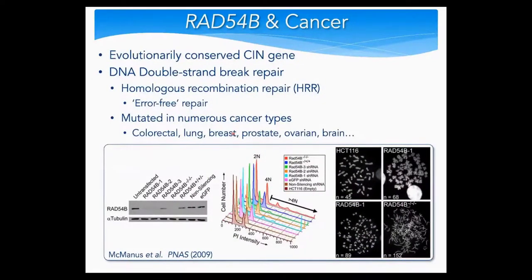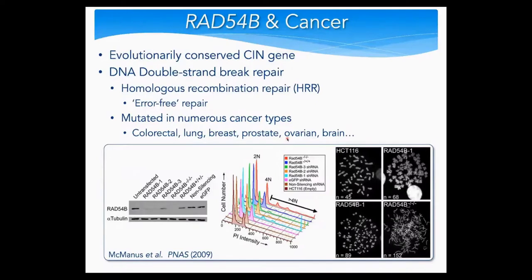So we're going to shift gears and talk a little bit about RAD54B. We've been looking at this gene for over a decade now. It is an evolutionarily conserved gene from yeast all the way up into humans. Both the yeast and the human forms encode functions within the DNA double-strand break repair pathway, and more specifically within homologous recombination repair, which I remind you is that error-free repair pathway.